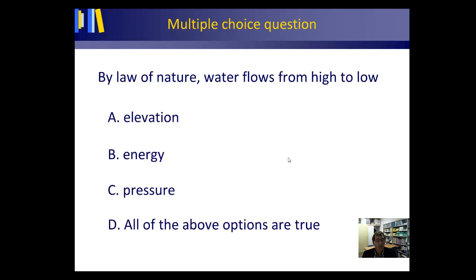Or are all of the above options true? Think about this. There's only one right answer. What is the right answer? What do you think now? And what do you think after you've seen this video lecture?